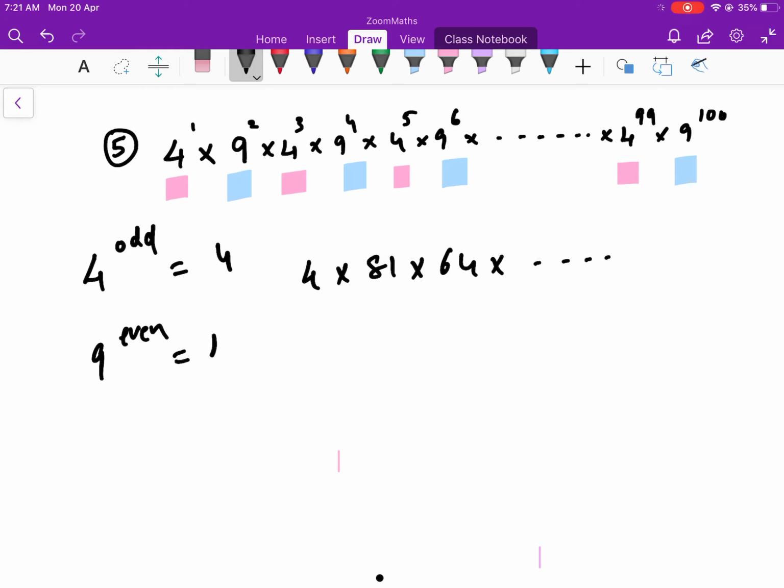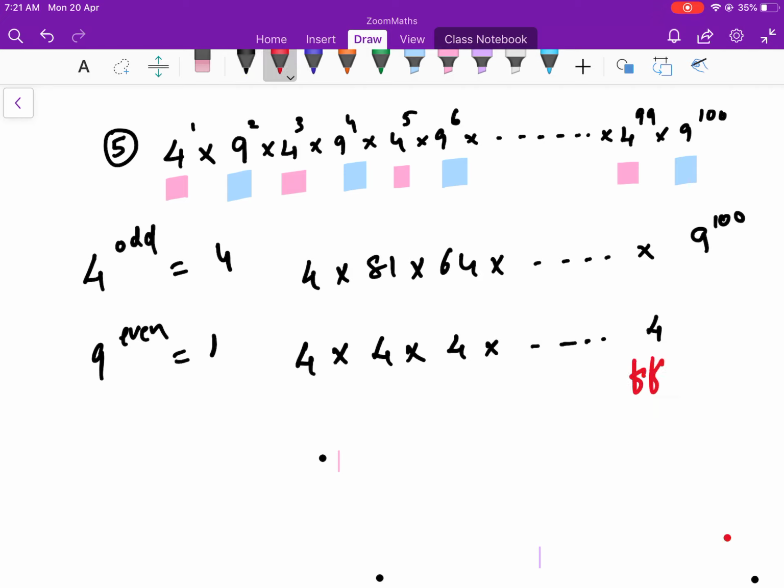So it goes on. But what you observe is that the units digit of 4 raised to odd number always ends in 4. So you have got 50 such powers. So some number which is ending in 4 will come 50 times.